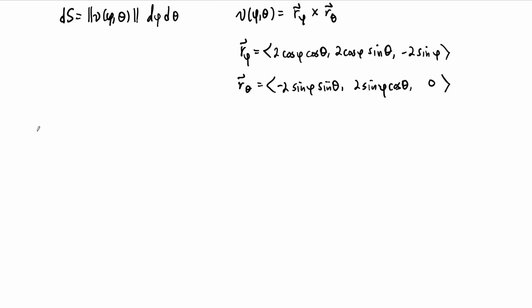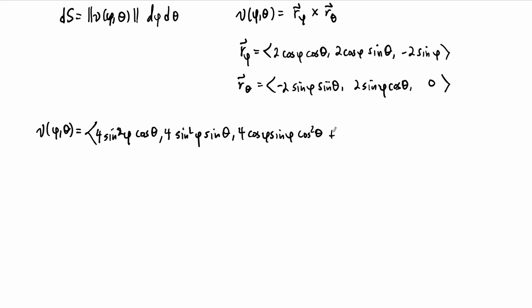In the second component, it's going to be, again, 4 sine squared phi sine of theta. And then in the last component, it's going to be 4 cosine phi sine phi cosine squared theta plus 4 cosine phi sine phi sine squared theta.